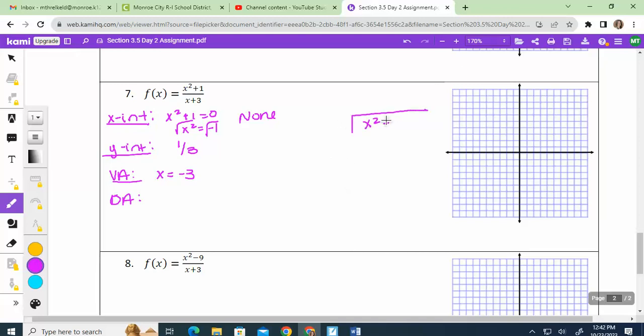I have my x squared. I'm going to throw in a 0x just to help me out. So x squared divided by x. And then you multiply x times x is x squared, x times 3 is 3x. And then what do we do?